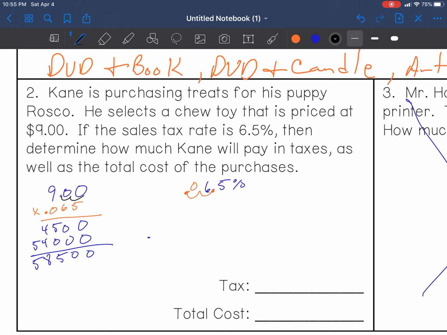How many decimal places do I have? Let's see. 1, 2, 3, 4, 5. Oh, no, but did I forget to? No, I did not forget to do anything. Let's see.